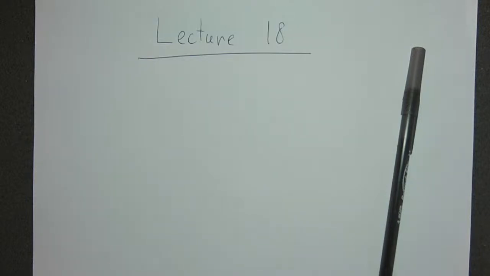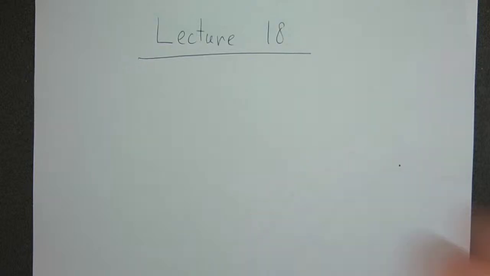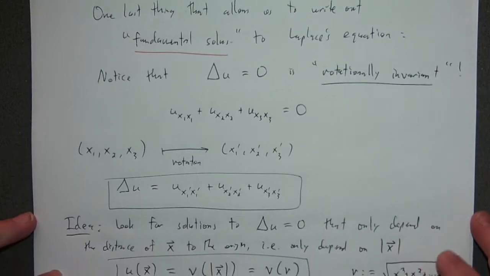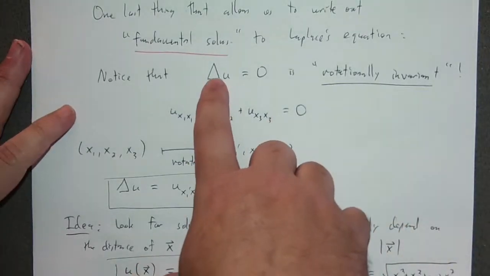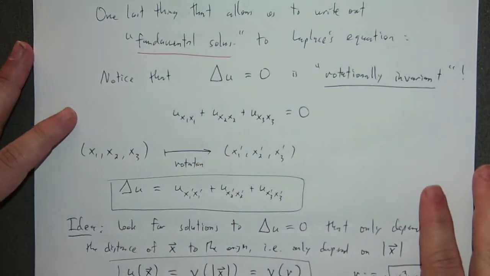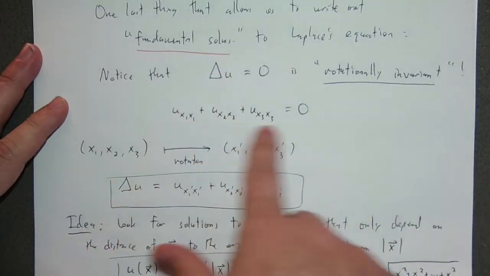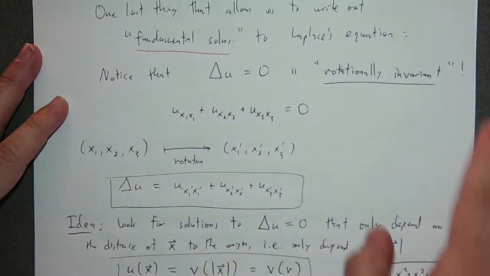At the end of yesterday's lecture, we were seeking what we called fundamental solutions to Laplace's equation. The path to this was that I noted this operator, the Laplacian, in Laplace's equation, is rotationally invariant.